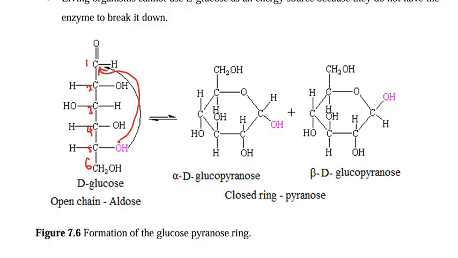When we join these, this is what you see. This is carbon number 1, number 2, 3, 4, then 5, then 6, because we got this and connected it there.